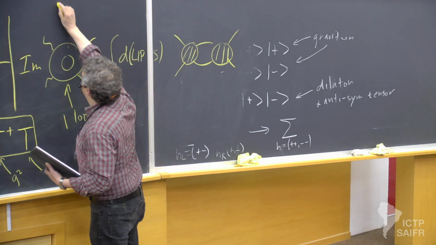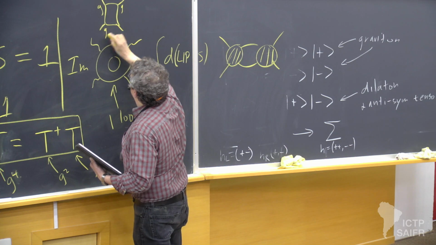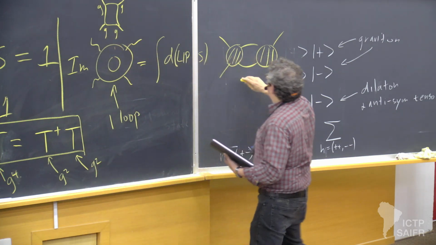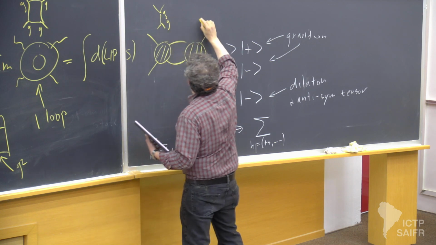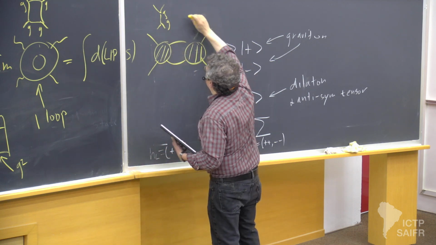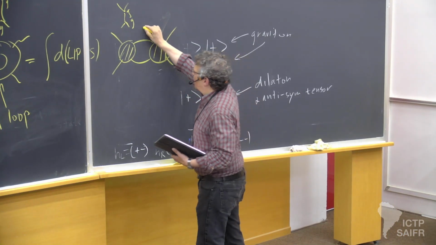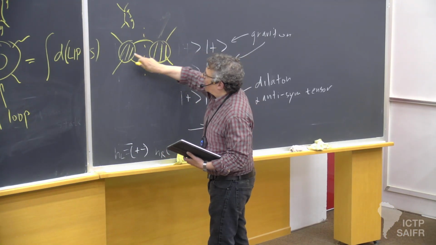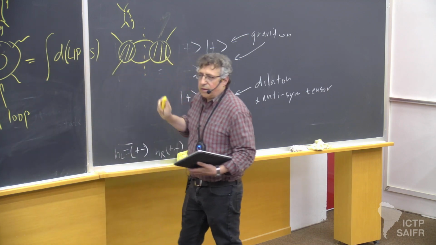In terms of diagrams, you can put a g on every vertex; there you go, it's g to the fourth. On this side there's a diagram like this, a g and a g, and the same thing here. So it's a relationship between loop level and tree level.